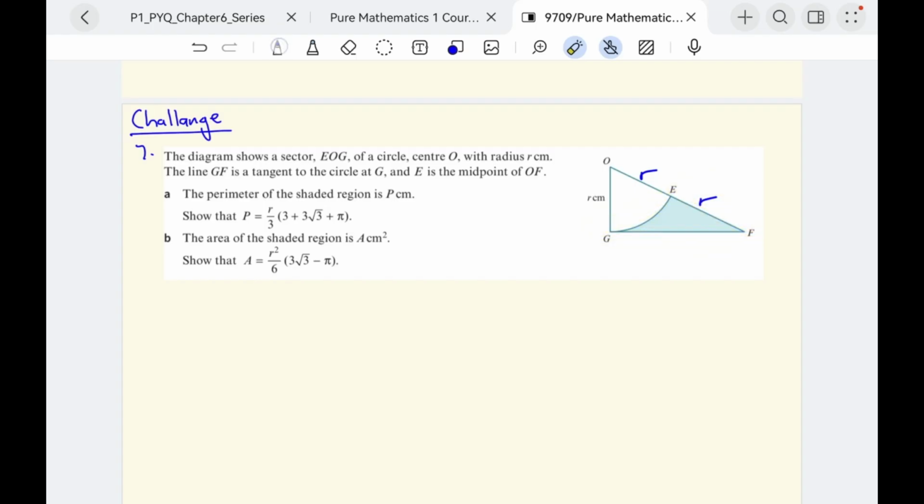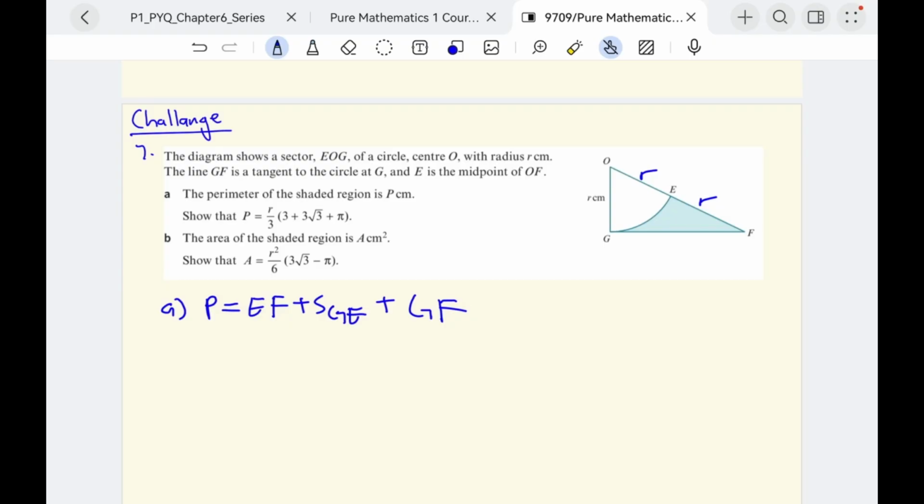The question wants you to prove that P equals this particular result, in exact form, so you write out the steps: P equals EF plus the arc length of GE plus the length of GF.